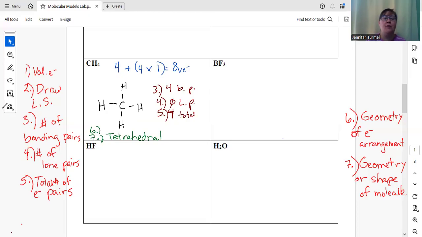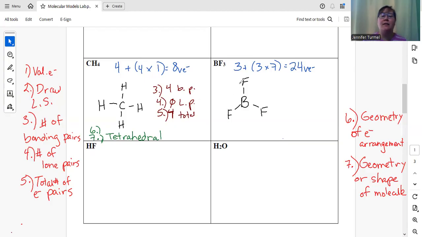Okay, so we got into some simple ones here. Now we've got boron trifluoride, and so that's 3 for the boron and 3 times 7 for the fluorines, which gives us 24 valence electrons. Okay. And now we remember that boron is one of the exceptions in that it usually doesn't match the octet rule.